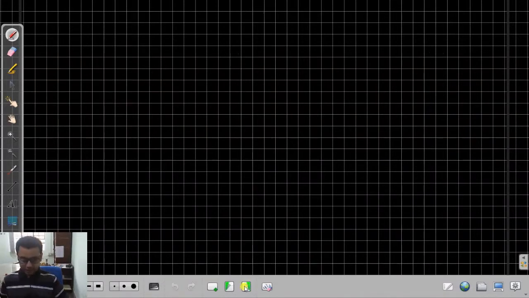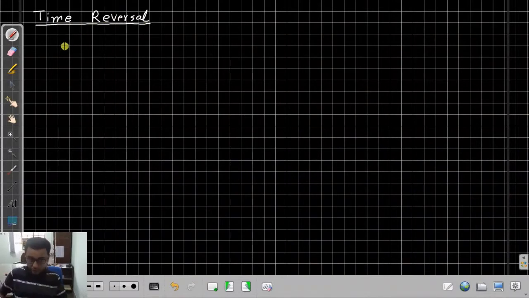Let us now learn a new concept, which is time reversal. For that, we will again start with a given function. Let me copy this from our previous page.